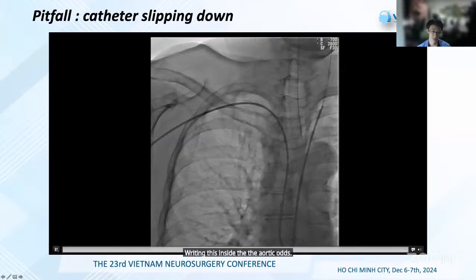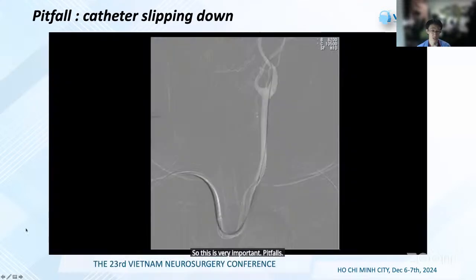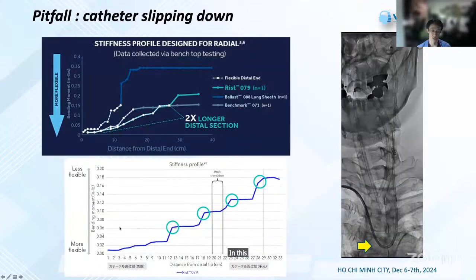So this is a very important pitfall. In this case, we converted to the femoral approach. This is because of the softness of the long distal portion of this catheter.